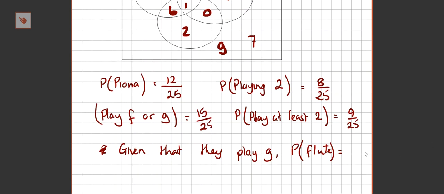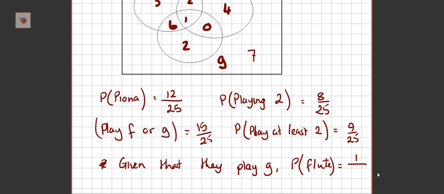Be careful. It's 1 out of, well, you can see it all. That's the 1 out of guitar. 1 out of 9. Oh, I forgot the other 2. Okay? It says given that they play guitar.